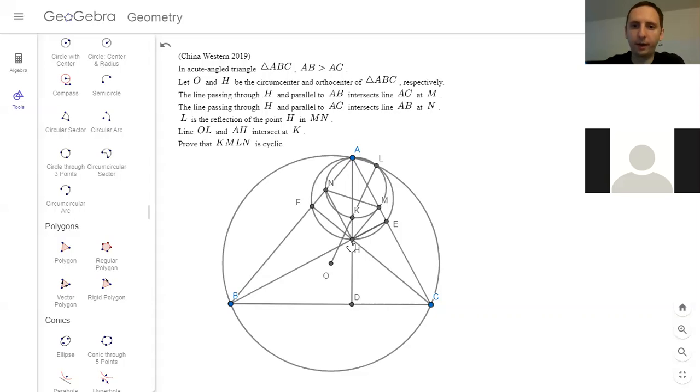And because ANHM is a parallelogram, it's obvious that ALMN is an isosceles trapezoid. Also, we know LNKM is harmonic.